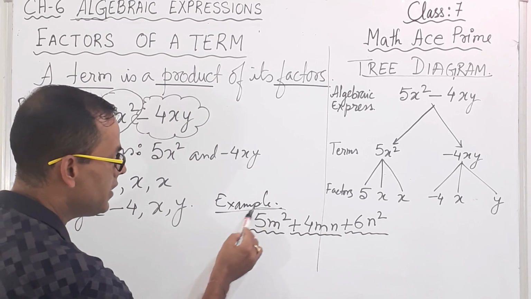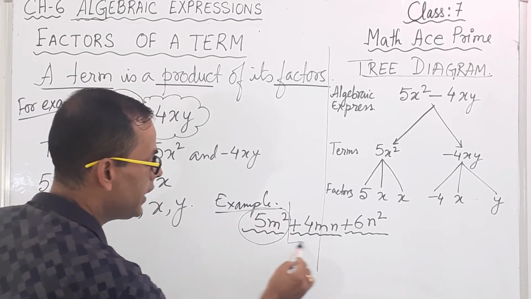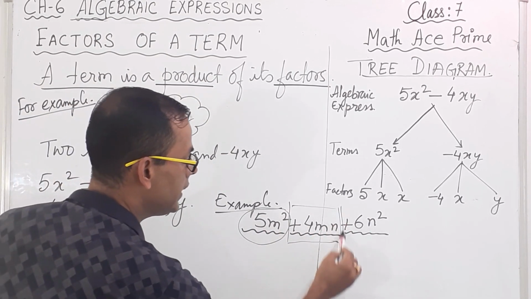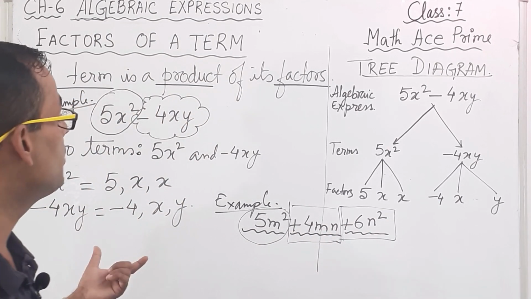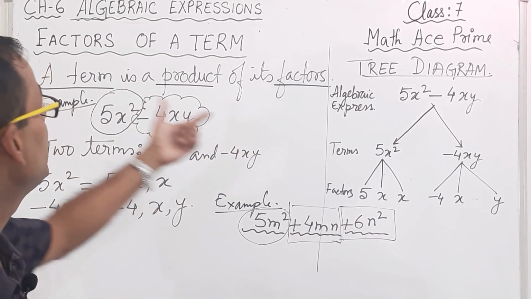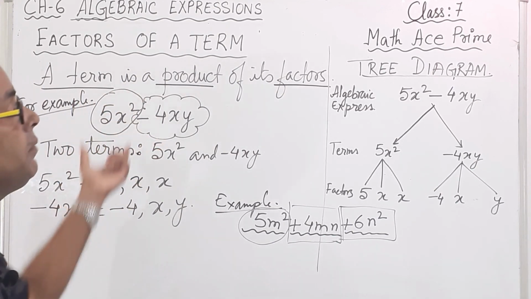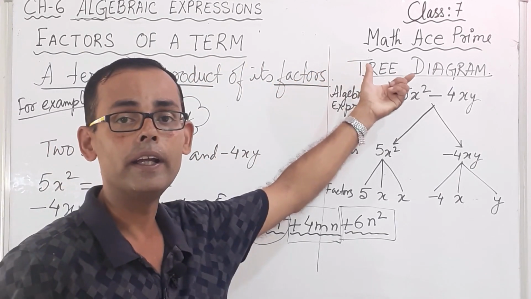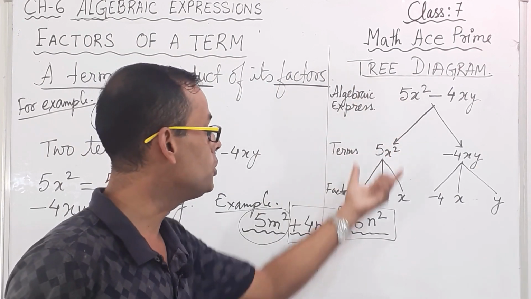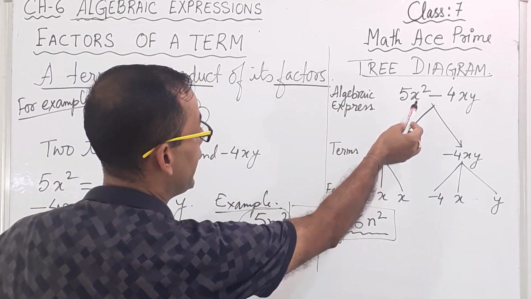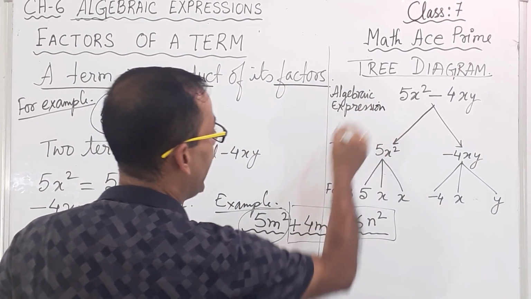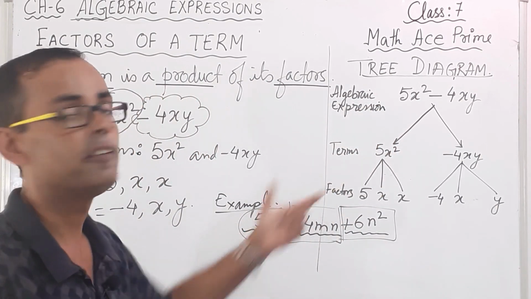So this is the first term, this the second term, and this the third term. So 3 terms are there. Now this algebraic expression can also be written with the help of a tree diagram, and I have told you how to do it. You have to write the algebraic expression, and then terms and then factors.